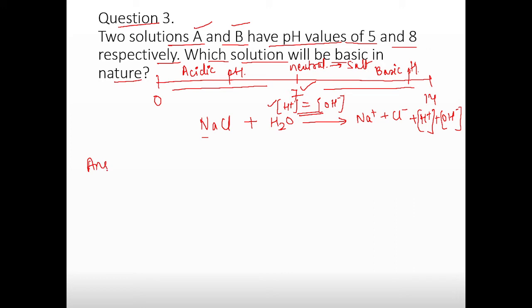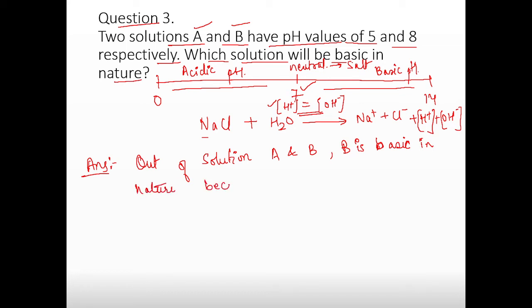The answer will be: out of solution A and B, B is basic in nature because its pH is more than 7. pH more than 7.